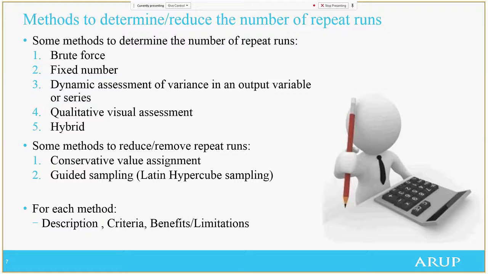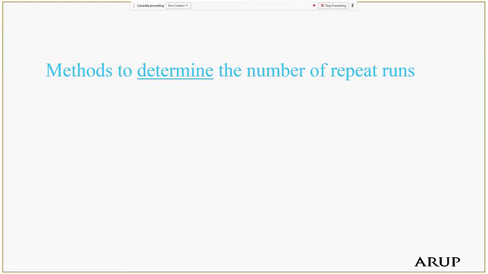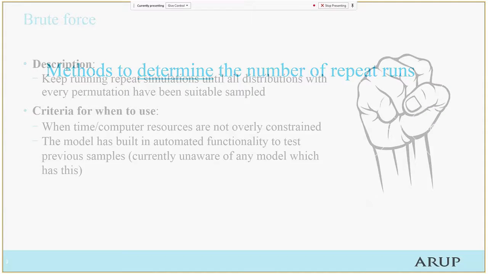Now, with evacuation pedestrian modelling, quite often simulation run times aren't a huge impact, certainly in the work I do anyway, so this is perhaps of less interest, but it's good to be aware of. For each method, I've listed a description, criteria for when it may be used, and also the benefits and limitations. So I'm going to first start by talking about methods to determine the number of repeat runs.